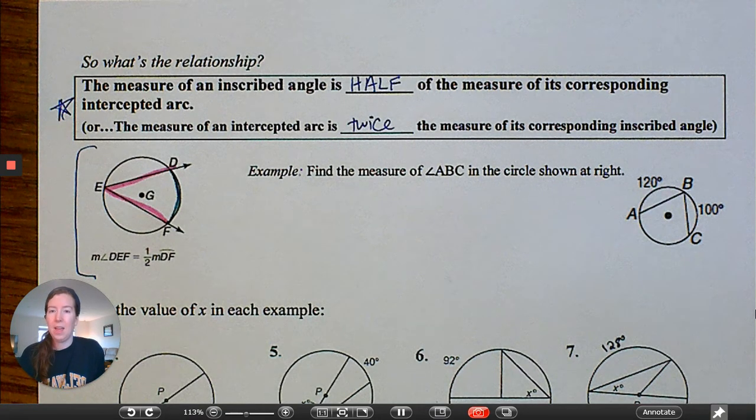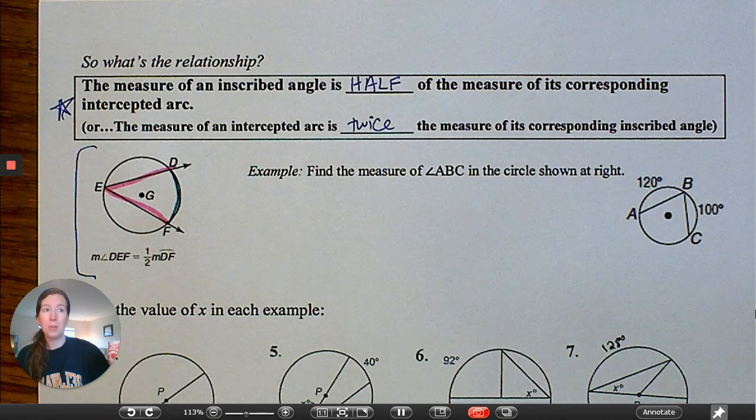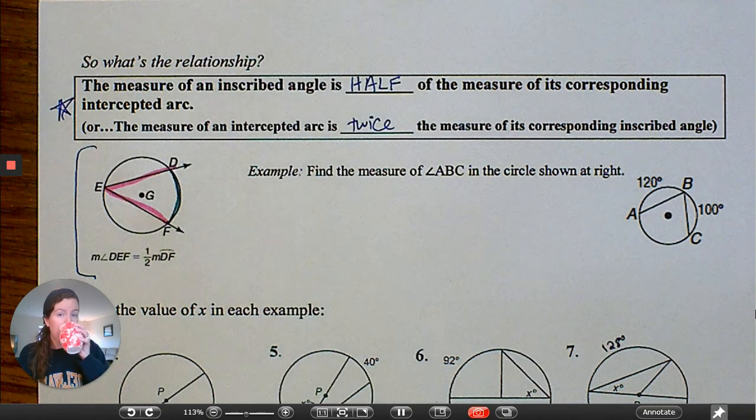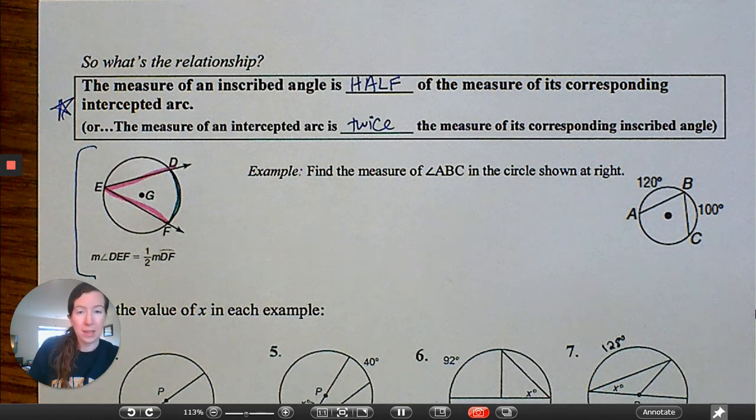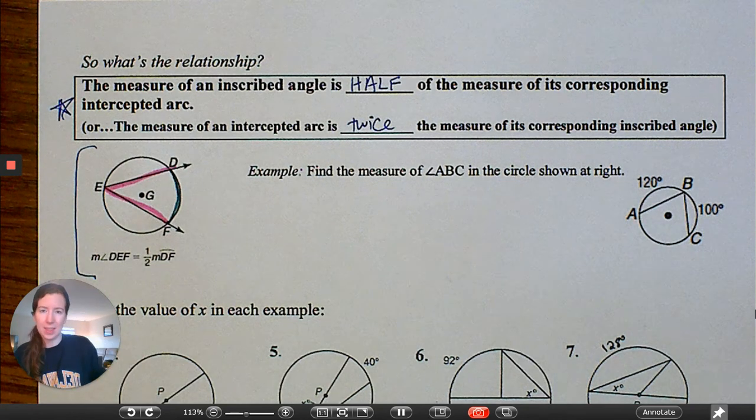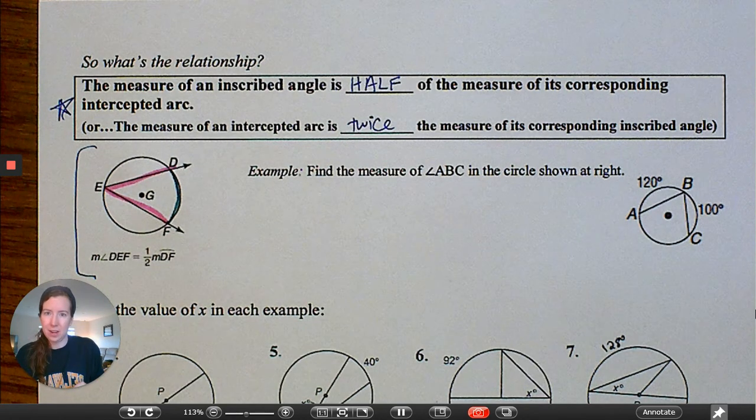The math for this isn't really complicated, and it's so nice because either you're multiplying by 2 or dividing by 2. That's all you have to do. Now there's a little bit more, but as far as the algebra is concerned, it's not very complex.